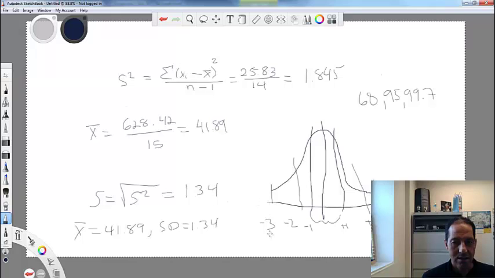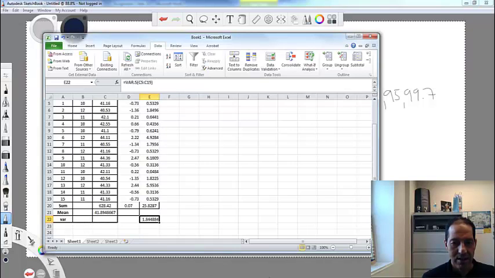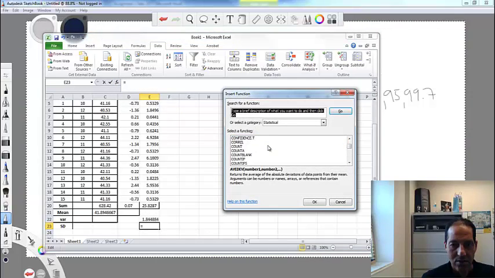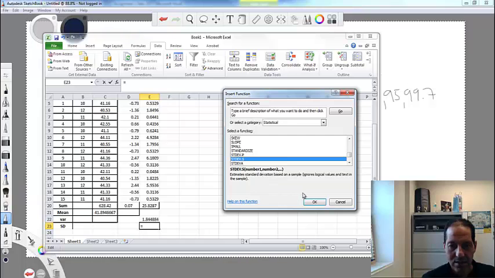Okay? So let's go back to Excel and just finish this up here. We need our standard deviation. We can just take the square root of this value here, or we can go back to Excel and let it calculate. Let's find the standard deviation for the sample.